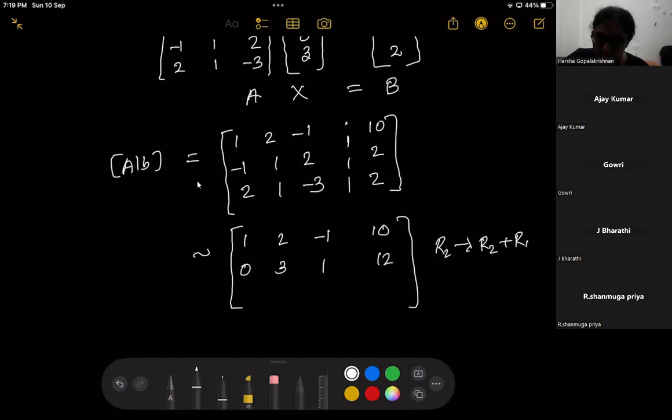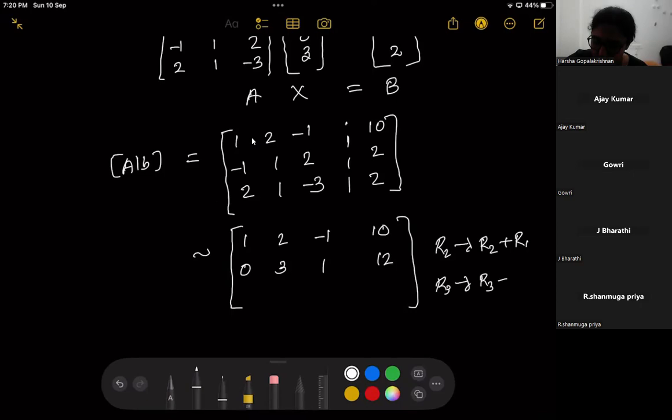And what should I do in the third row? I need to make the first entry 0. We can multiply the first row by 2, then subtract. I suggest doing it directly: R3 minus 2R1.